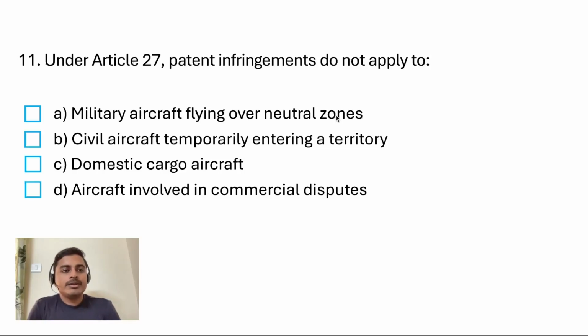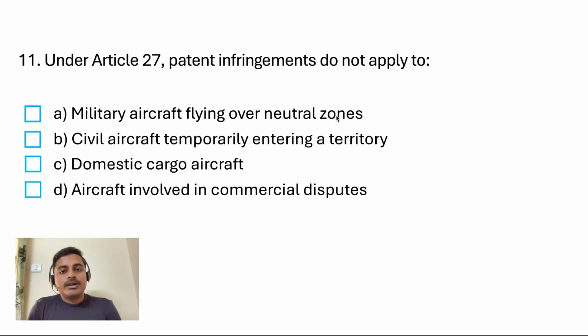Question number 11. Under Article 27, patent infringements do not apply to. Option A, military aircraft flying over neutral zones, B, civil aircraft temporarily entering a territory, C, domestic cargo aircraft, and D, aircraft involved in commercial disputes. So patent infringement means when a country claims the patent over an aircraft or its parts when it enters their territory. Right.